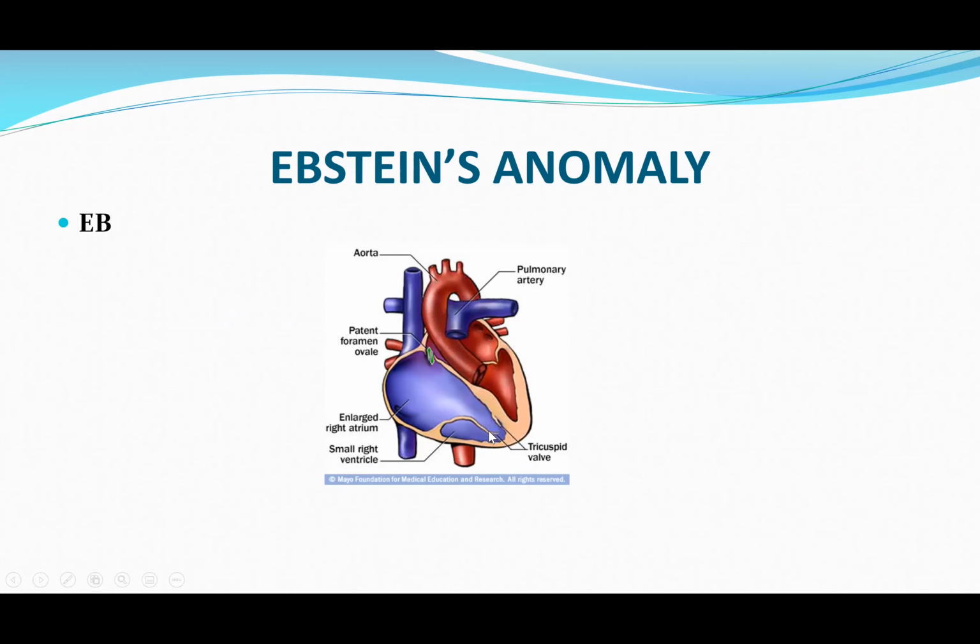So this is one leaflet here, the septal leaflet is here. And part of the right ventricle is incorporated into the right atrium. We call it atrialized right ventricle. So this is all considered the right atrium, and this is what is considered the right ventricle.